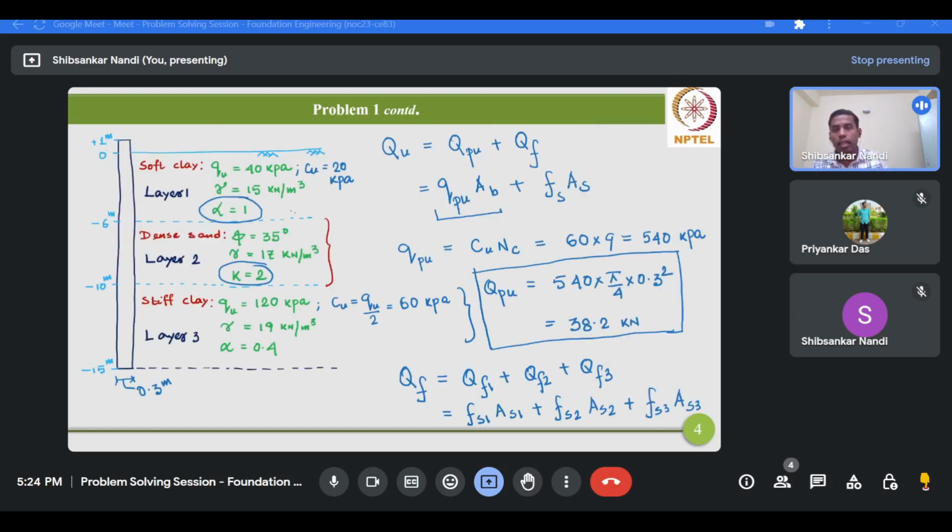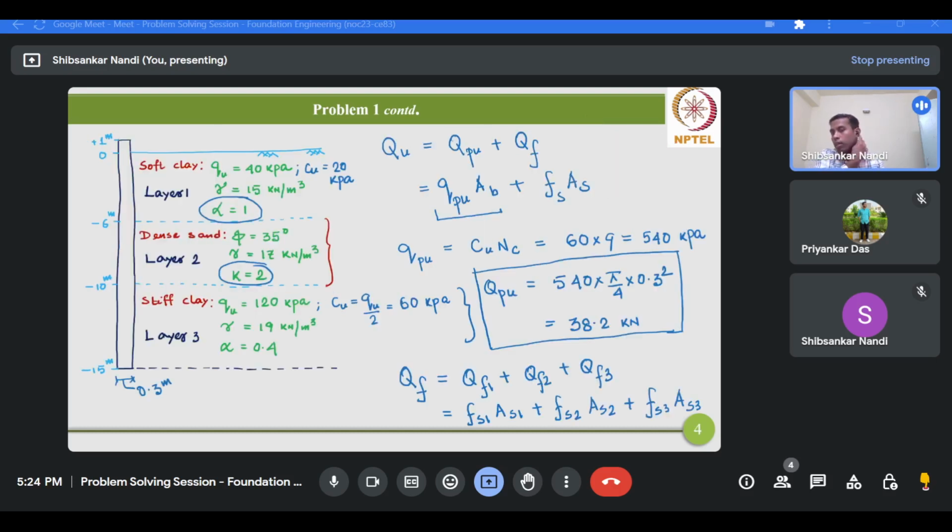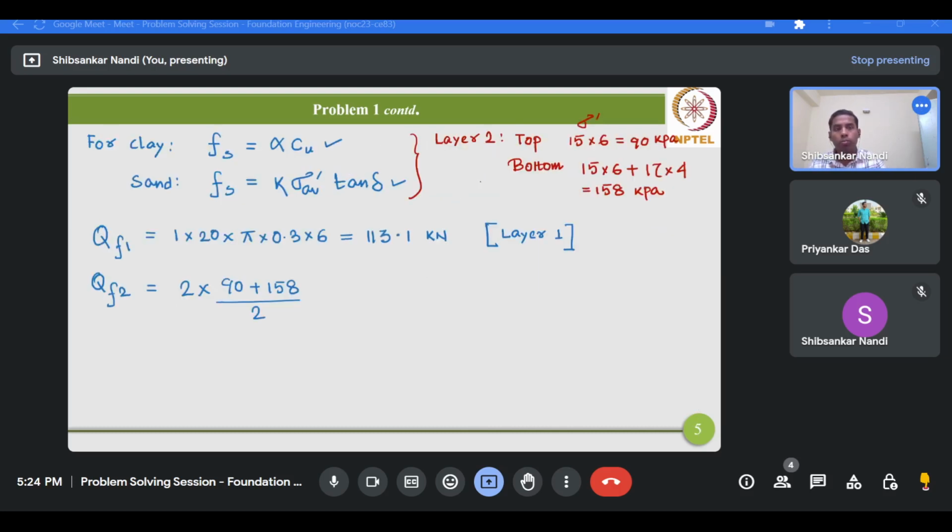The 90 is at the top of this layer, which we got by multiplying 15 with the thickness of the first layer, and this 158 is plus the overburden due to layer 2, that is 17 multiplied by 4. Obviously this is in kPa.